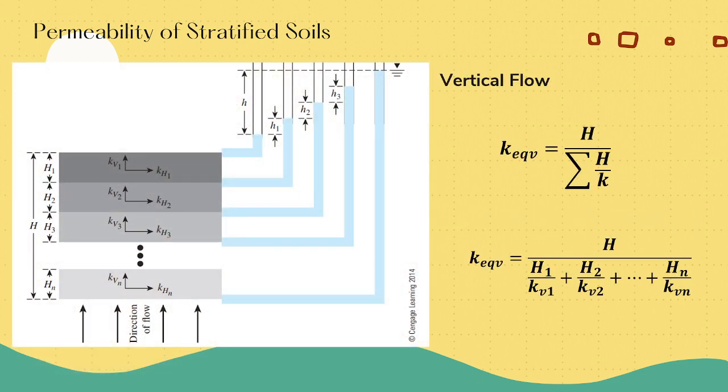Next is for vertical flow. In this one, the equivalent vertical hydraulic conductivity is equal to the total H all over the summation of H over KV, or H all over H1 over KV1 plus H2 over KV2, and so on.